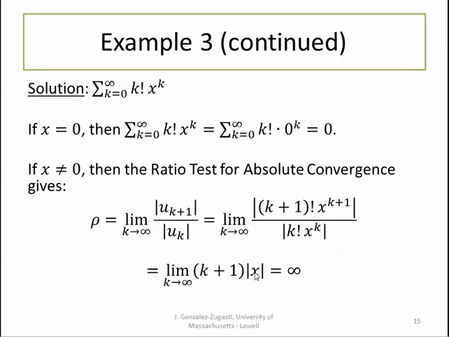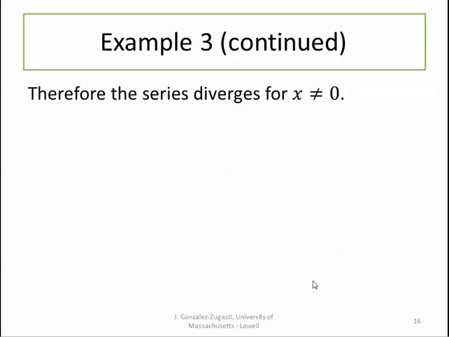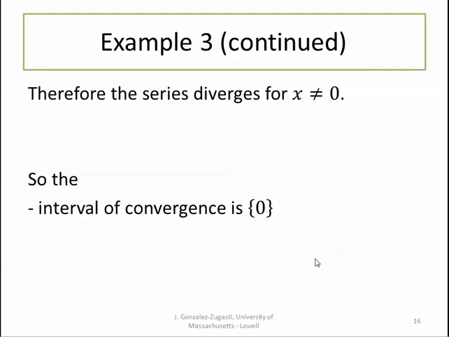The absolute value of x is constant in this limit, so that limit is equal to infinity. Since rho is equal to infinity, the series diverges when x is not equal to 0. So our interval of convergence is just the point 0, and that means our radius of convergence is 0.